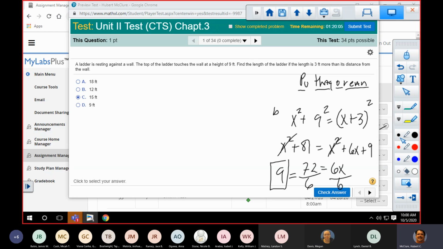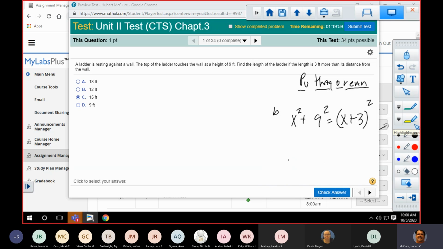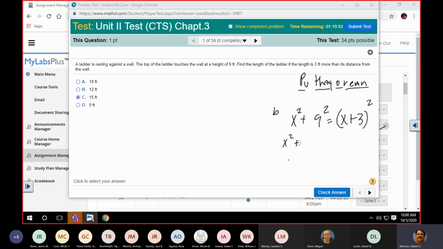I still done something wrong. x squared, 9 times 9 is 81. x squared plus 6x plus 9. x cancels.